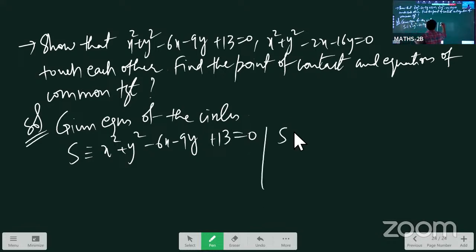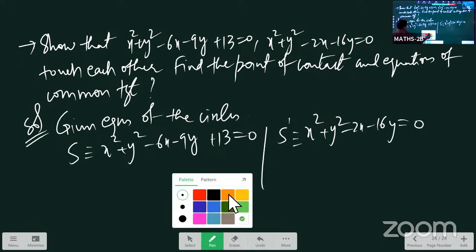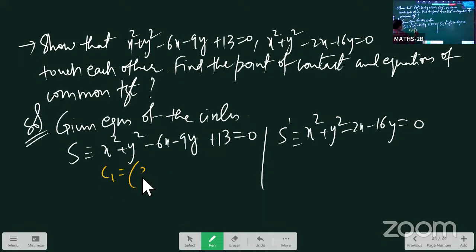And what is your S dash? x square plus y square minus 2x minus 16y. Now let us write center C1, 3 comma 9 by 2.